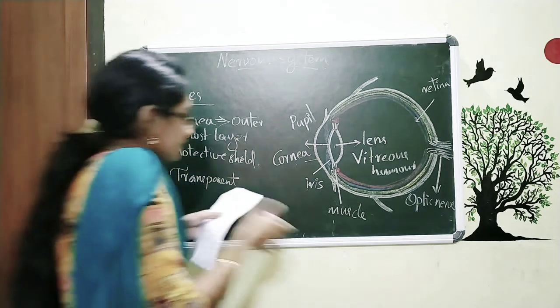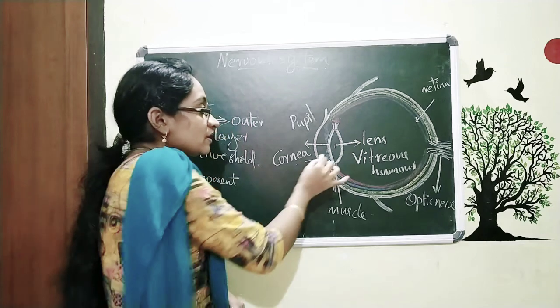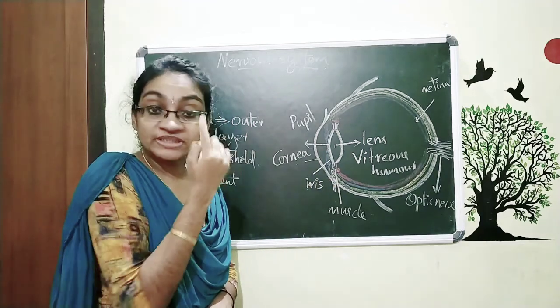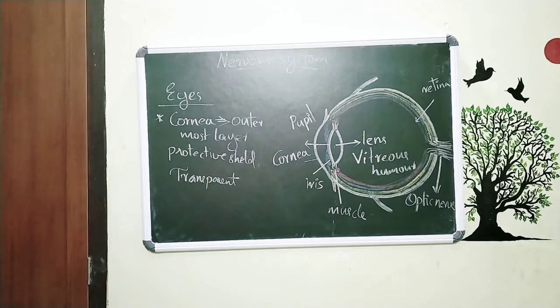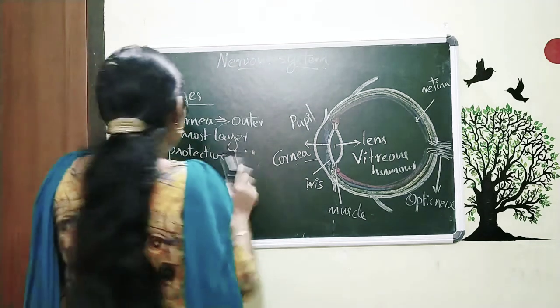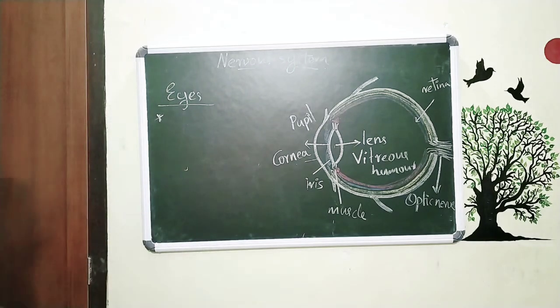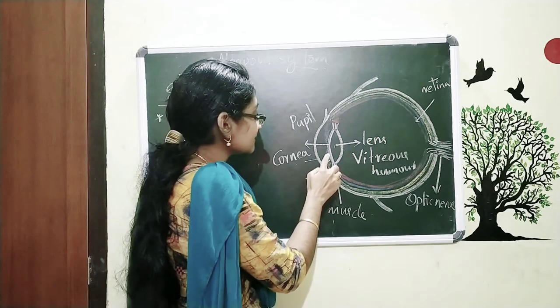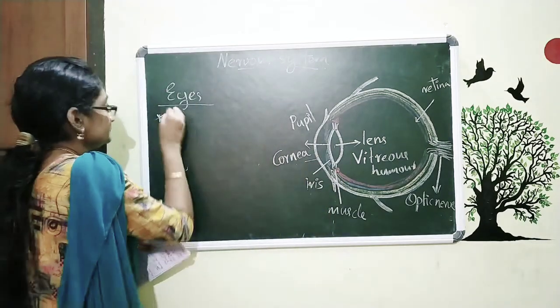Then when we move to the inside of our eye, we can see a black portion in our eyes. What is the name for that? What is the black portion in our eye? That is the iris. You can see here this blue area, that is the iris.